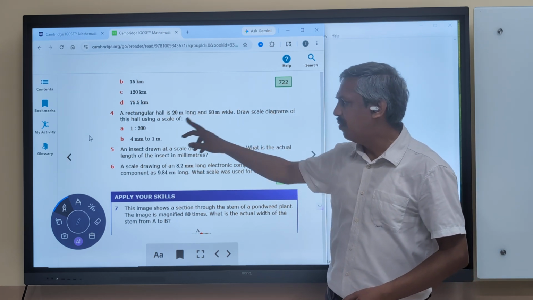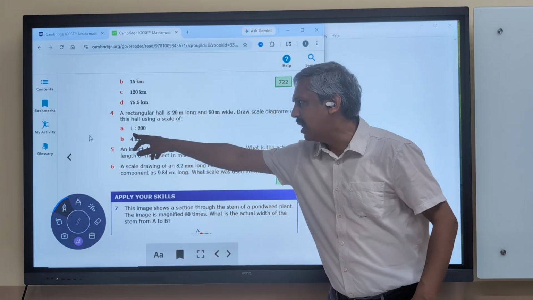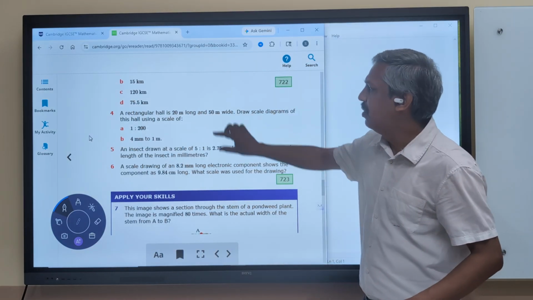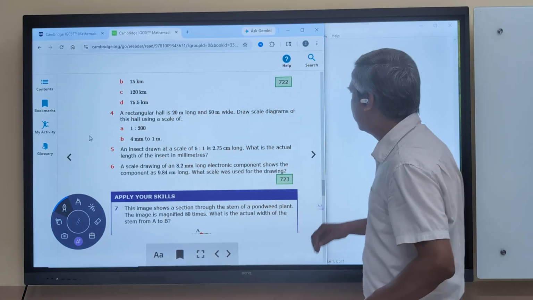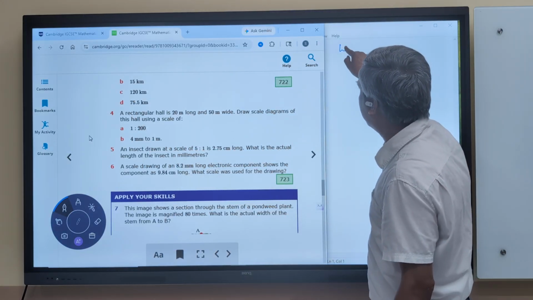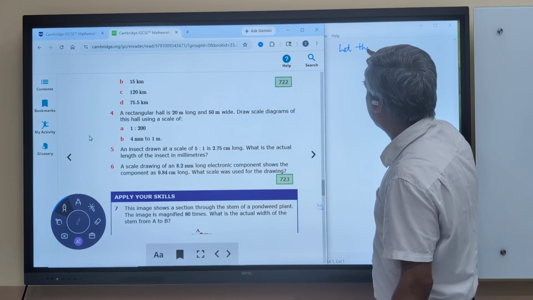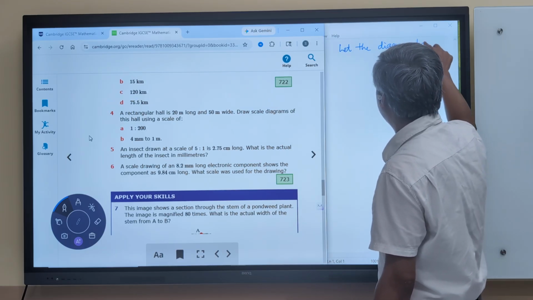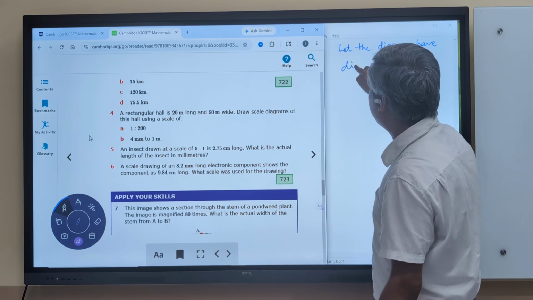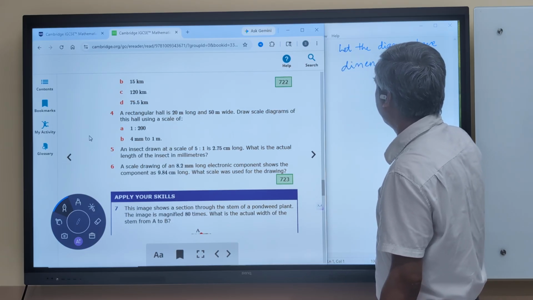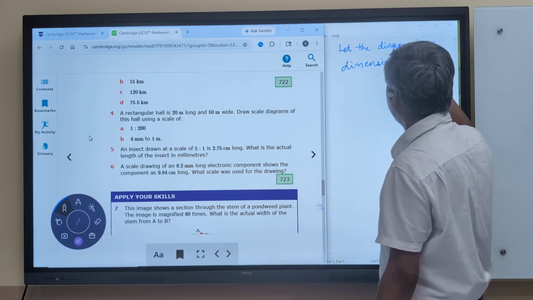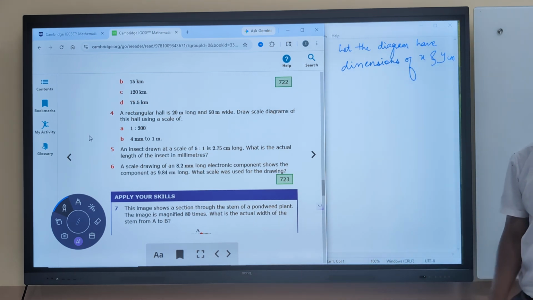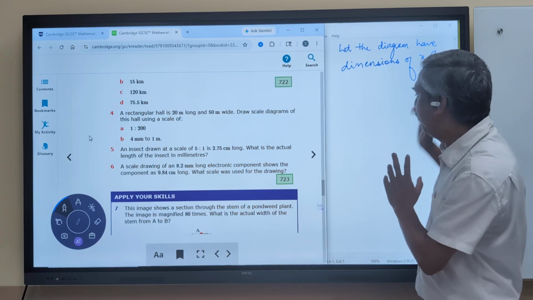In this case, we are interested in drawing this diagram with a scale of 1 is to 200. So we will convert this into the appropriate scale. Let the diagram have dimensions of x and y, and purposefully I am writing centimeter here because I don't want to leave any confusion with this.